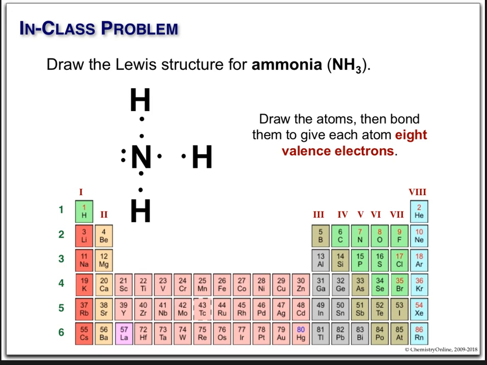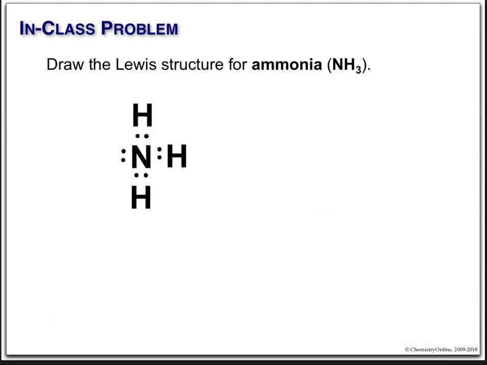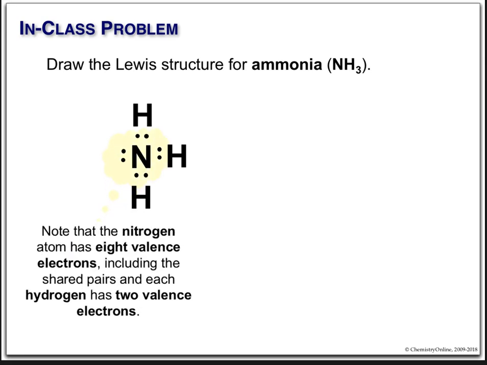And this is what we got. 3 hydrogens, 1 nitrogen. The nitrogen has 1, 2, 3, 4, 5. Each hydrogen has 1. Step 2, we're going to scooch these up and let them get friendly. And so we have this. Now, how many electrons are around our nitrogen? 2, 4, 6, 8.